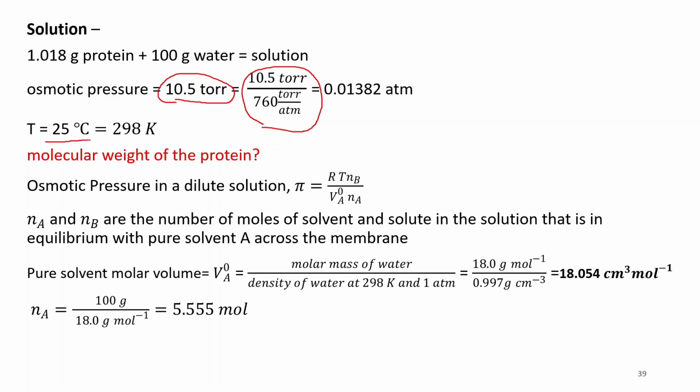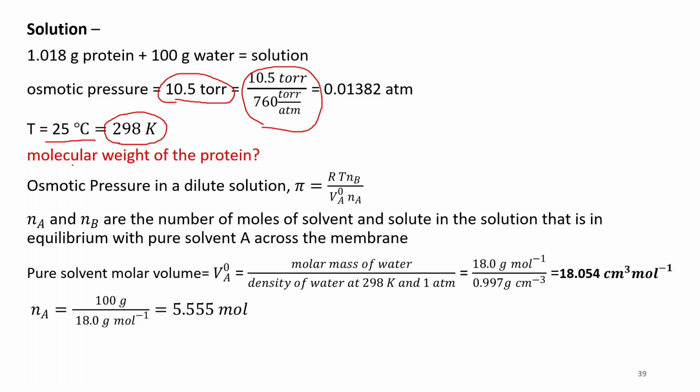Temperature is given as 25 degrees Celsius, which equals 298 Kelvin. We just add 273 to the degree Celsius to convert it into Kelvin, which is 298 Kelvin in our case.